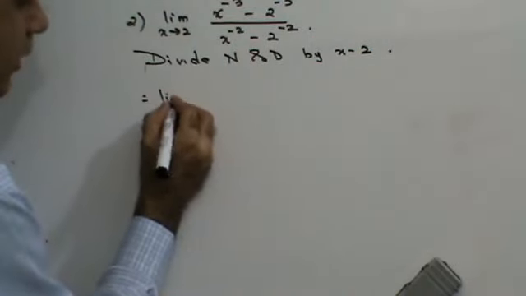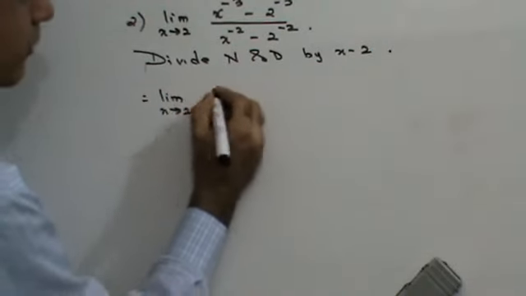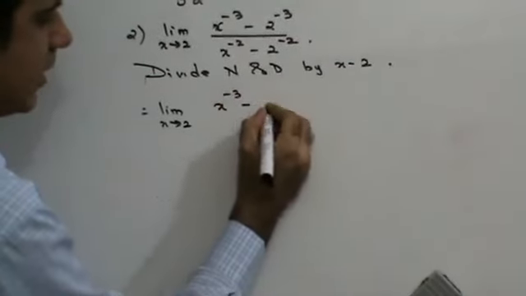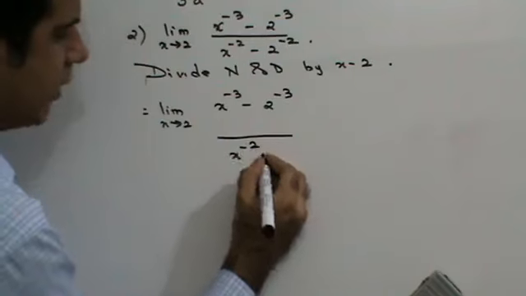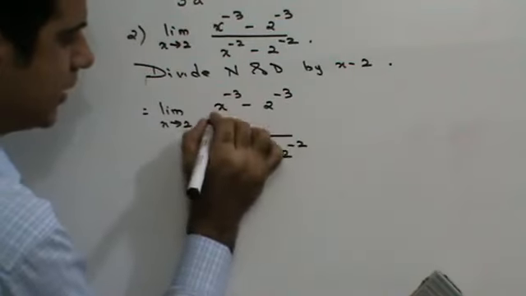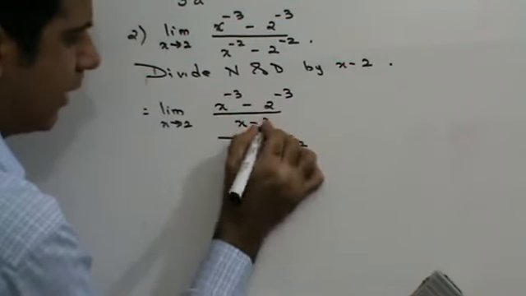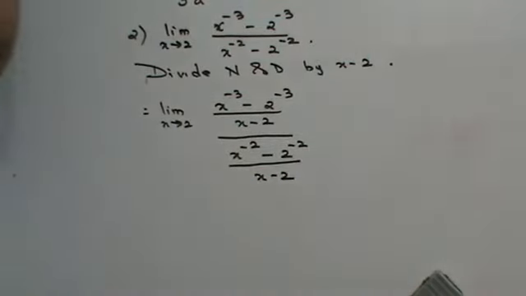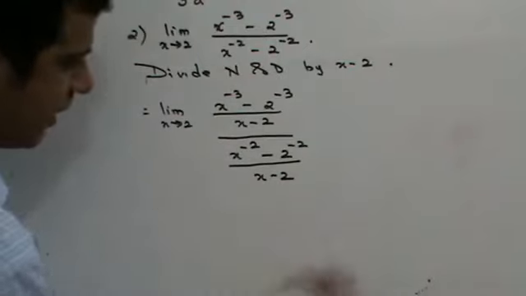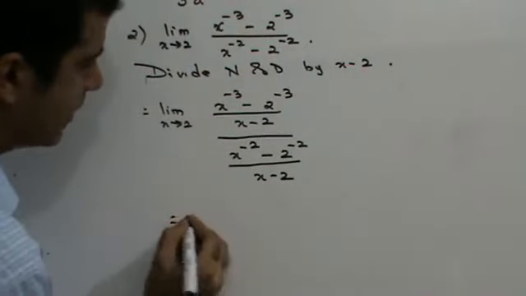Divide the numerator by x minus 2, divide the denominator by x minus 2. Simple, straightforward sum. You will get your answer.